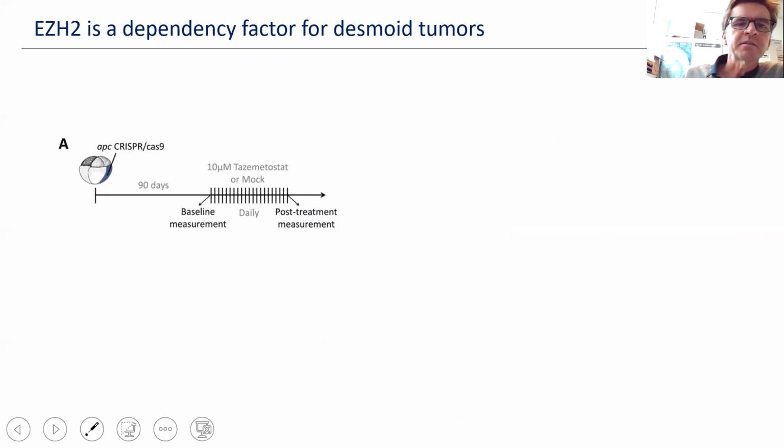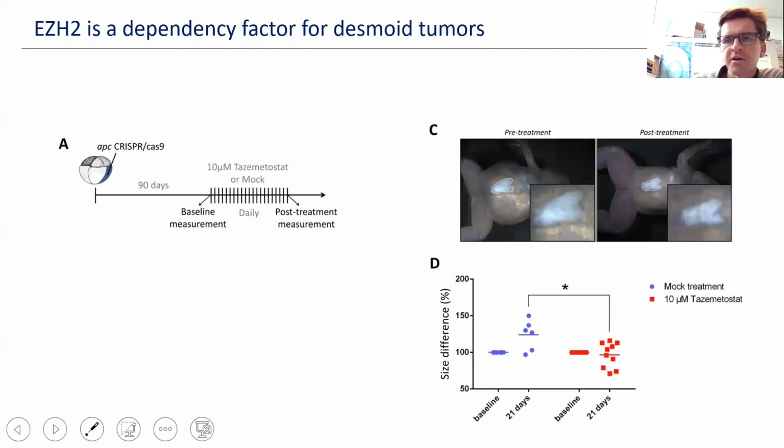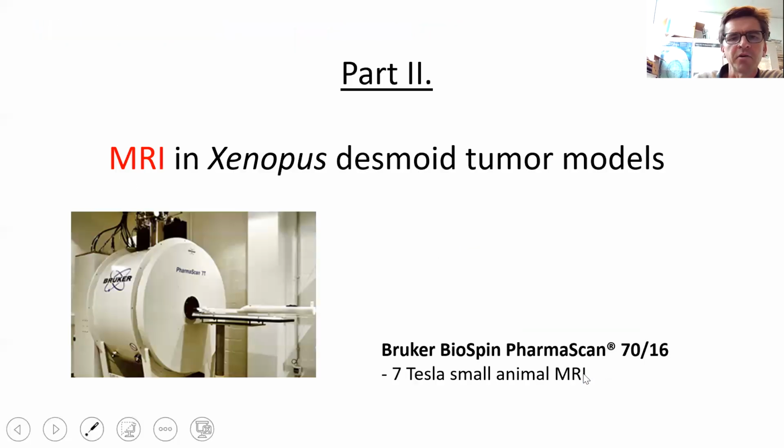We applied tazemetostat to mosaic mutant APC animals carrying desmoid tumors. Just by adding the tazemetostat to the water of these animals, we observed a shrinkage or a stasis in the tumors upon a 3 week treatment, as indicated here in the graph below.